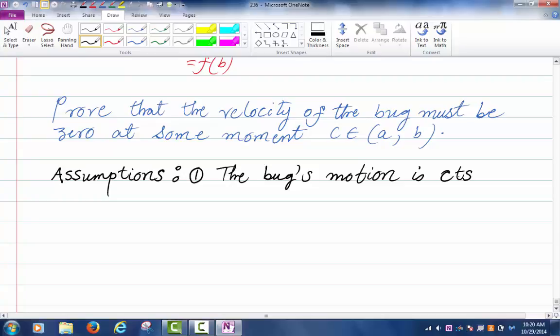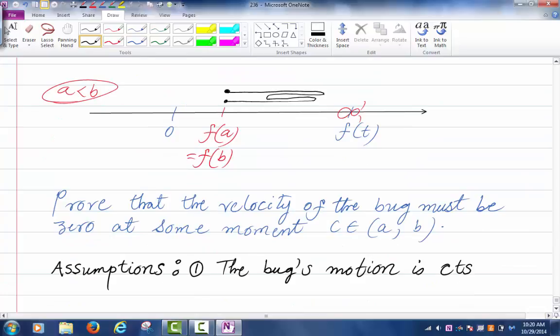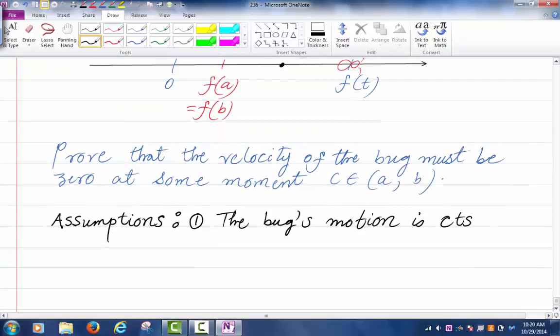That is, suppose that at some point the bug comes right here, and right after that moment it cannot jump to another point. Am I making sense? The bug is a very boring bug. It doesn't know any black magic. So it cannot be the case that at some time, let's say time 1, the bug is at a position, and right after that it is at another point which has to be a jump from that point. Am I making sense? So it's a continuous motion.